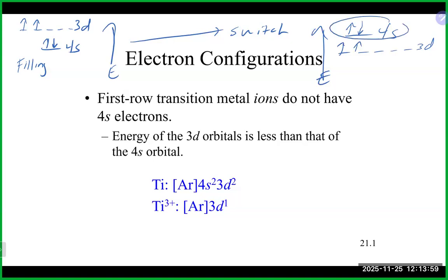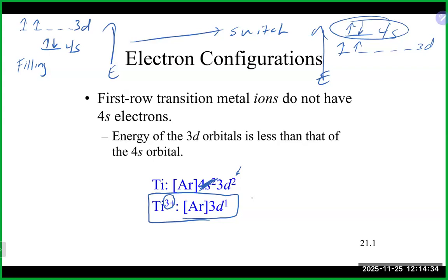So all transition metals will essentially lose their s electrons and then dip into the d if necessary. Here with Ti, which makes a +3 charge, that means it has lost 3 electrons. These are going to be the first two that go, and we take 1 electron out of the d, ending up with argon 3d1. So in this case, it has 1 d electron available to it.